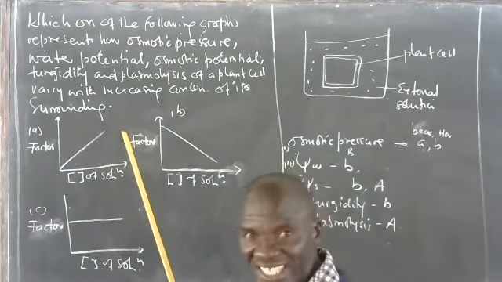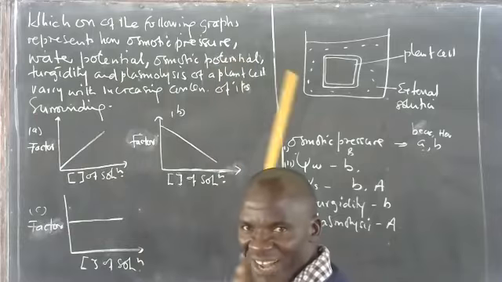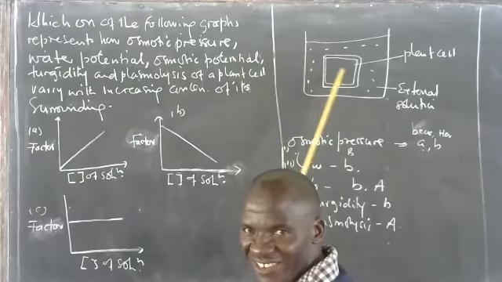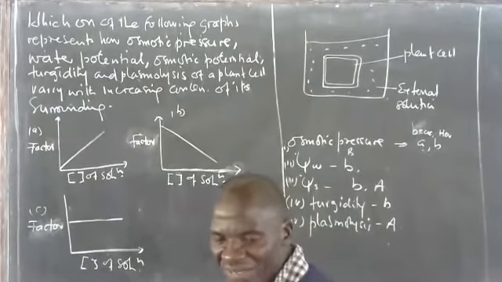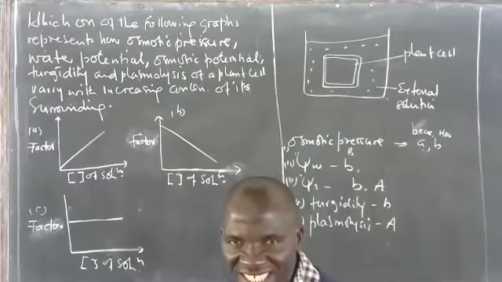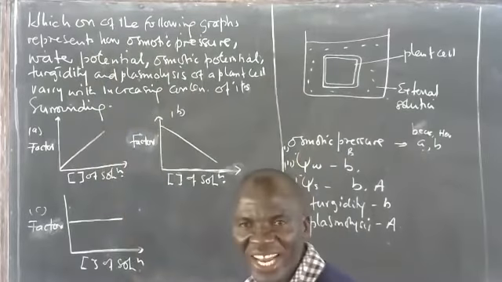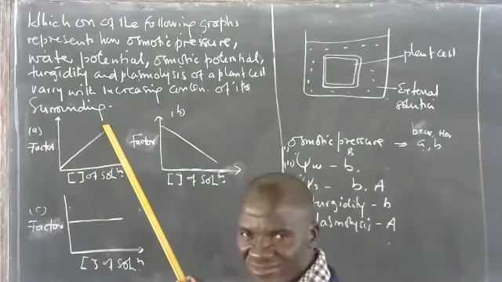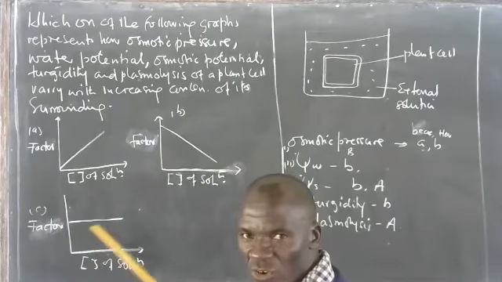Because I'm increasing the concentration of the surrounding, and as I do, the cell will automatically be losing water. Why? The surrounding is getting highly concentrated. So as the cell loses water to the surrounding, what happens to its osmotic pressure? Does it increase? Does it decrease? Does it remain constant?